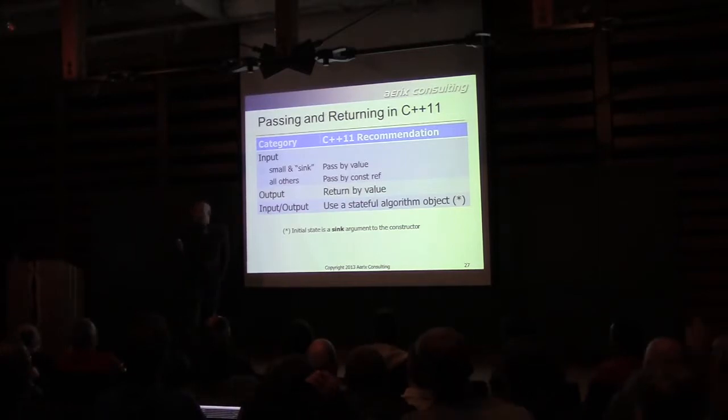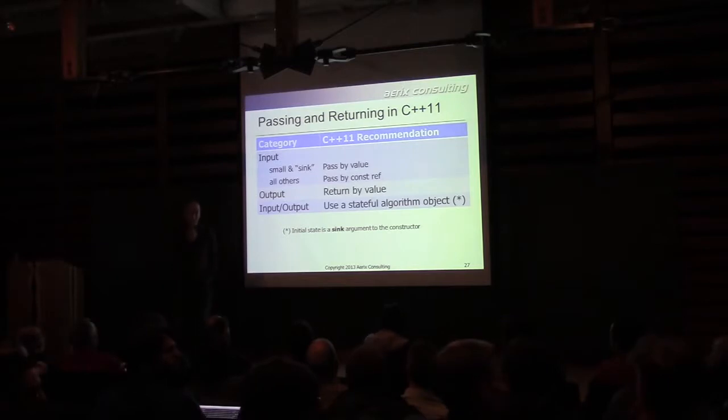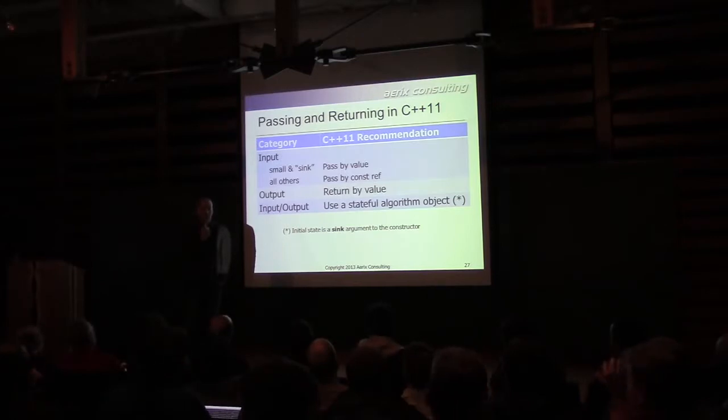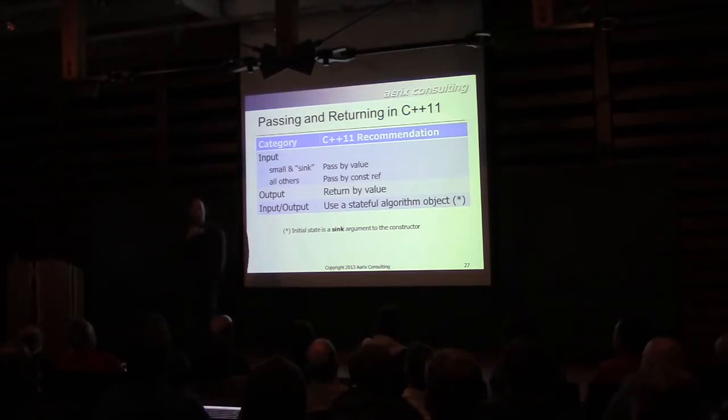Okay. Any questions about this? So you're saying if you have an input-output parameter, it's a stateful algorithm object. In that case, change it to be an algorithm object. Put the state inside an object that implements the algorithm. Yeah. I'll repeat the question.